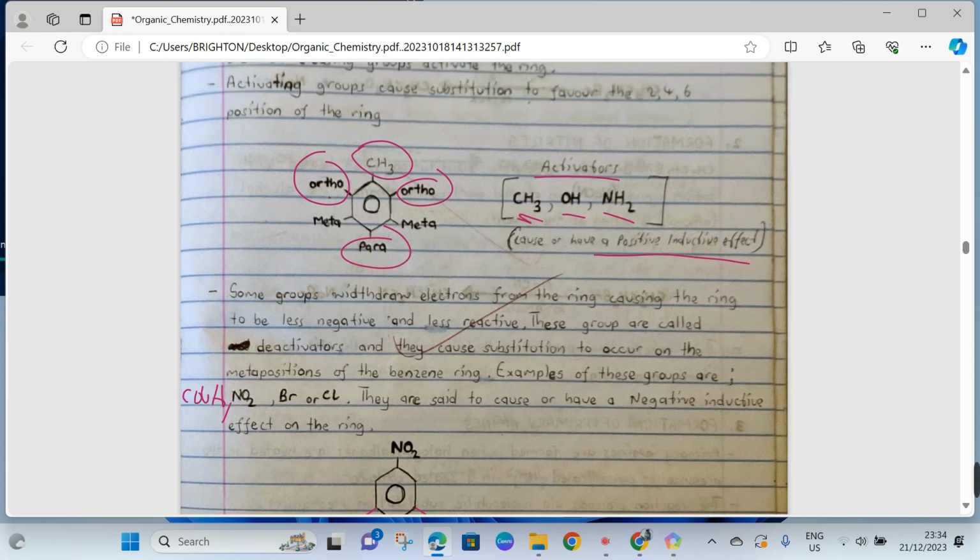So that's all there is to it. Deactivators tend to withdraw electrons from the ring, making the ring more positive, causing substitution to take place on the meta positions of the ring. So this brings us to the end of the part 2A2 hydrocarbons lecture.